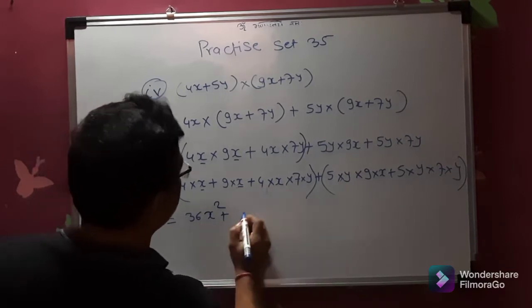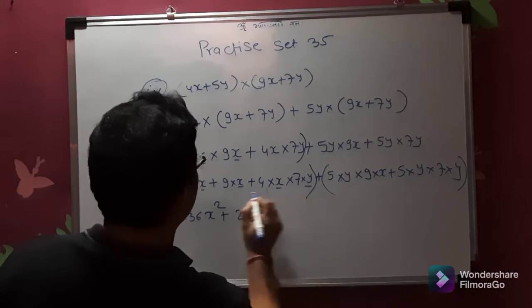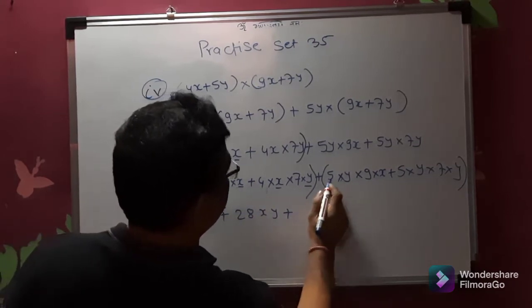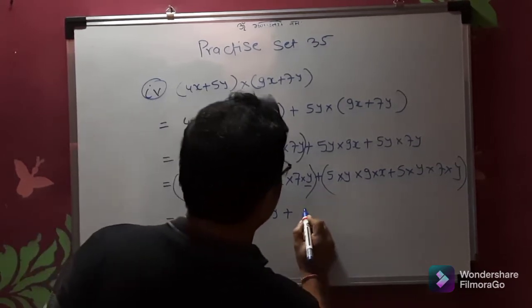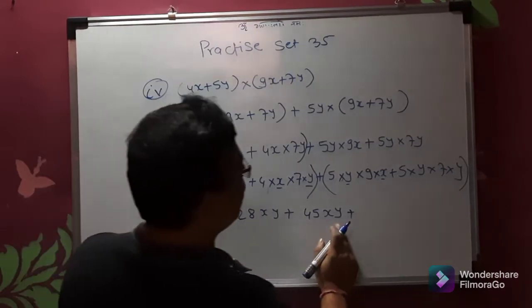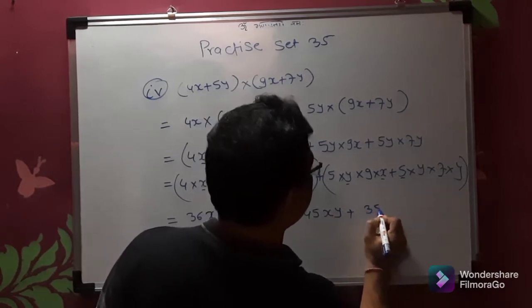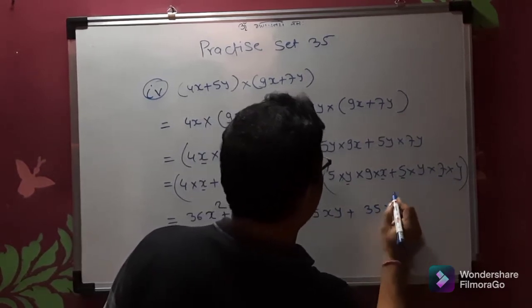Then 4 7s are 28, this is xy, plus 5 9s are 45, this is xy, plus 5 7s are 35, and this is y square.